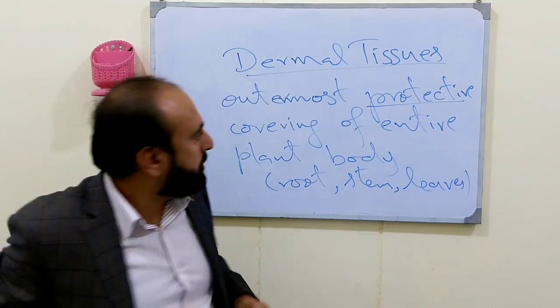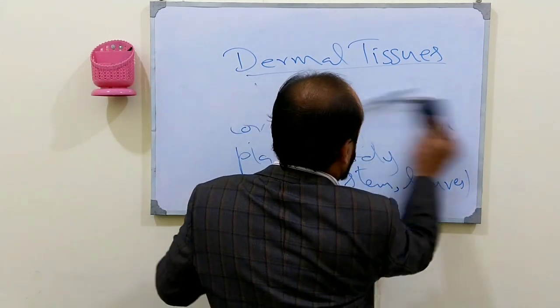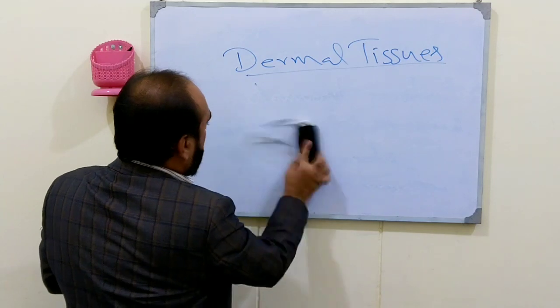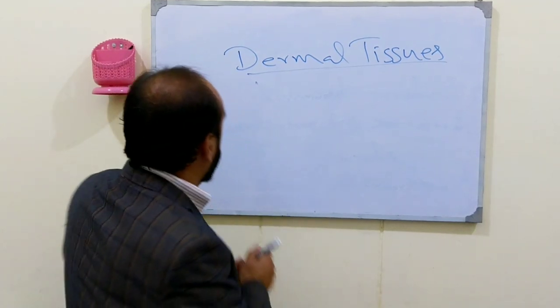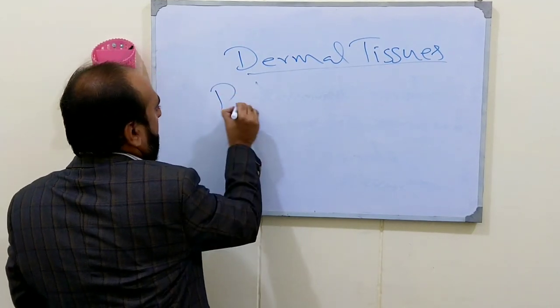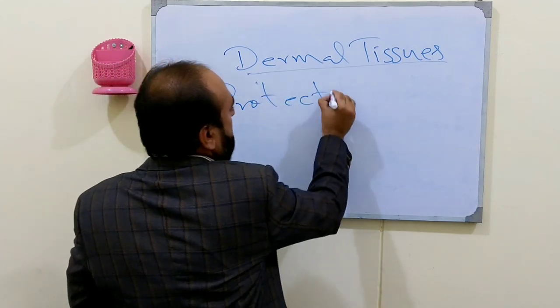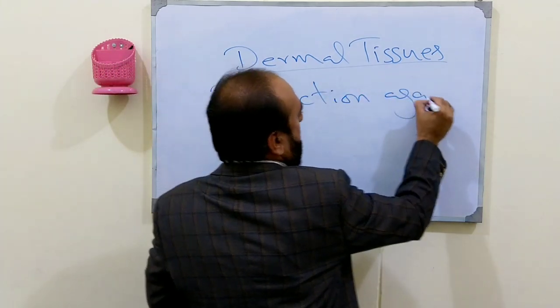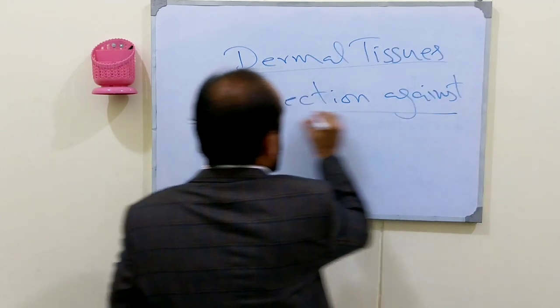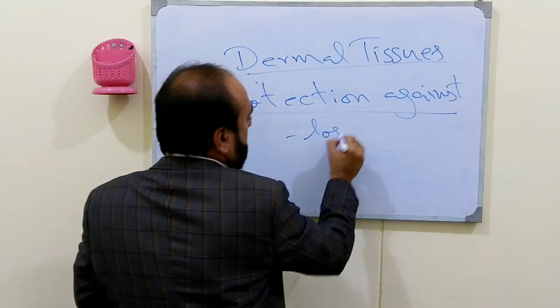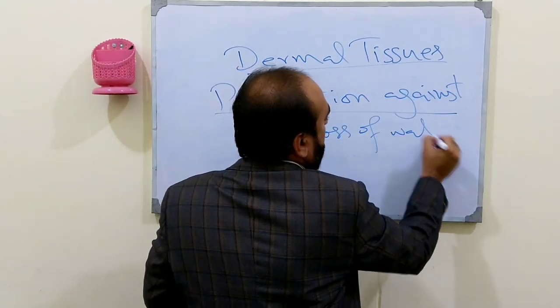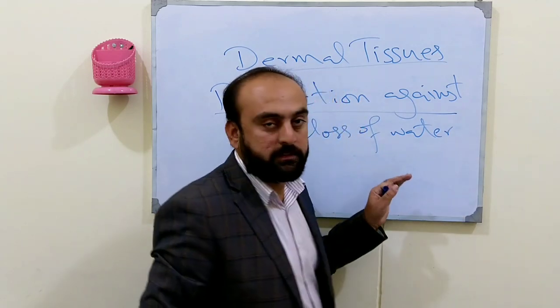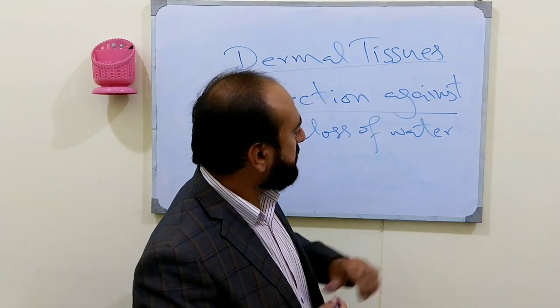So what does it protect the plant from? It protects plants against the loss of water, because water is a precious commodity.